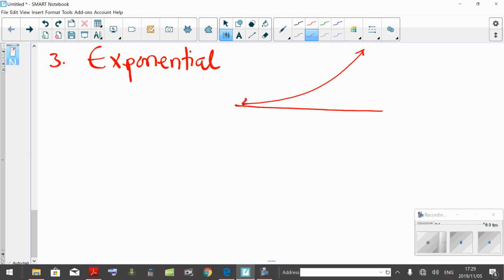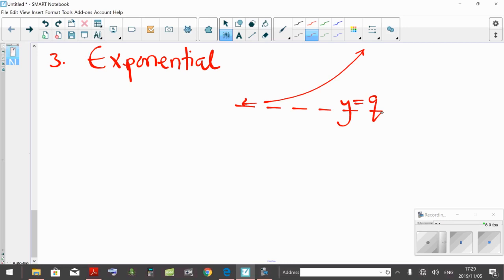Sometimes it will appear as this, as an increasing function. Now this horizontal line is our asymptote, which is given by the equation y is equal to q.